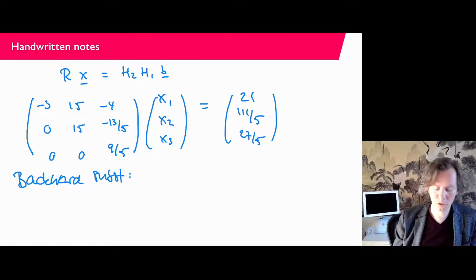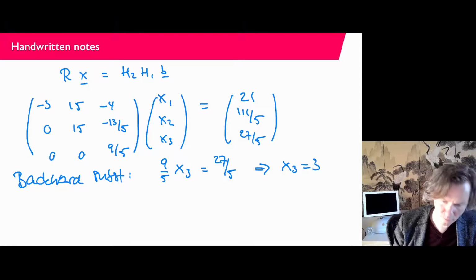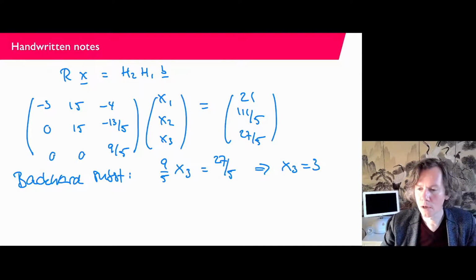Which is just a fancy name of saying, well, start with the last equation, 9 over 5, x3 is 27 over 5. So apparently x3 equals 3. Next, move to the second equation.